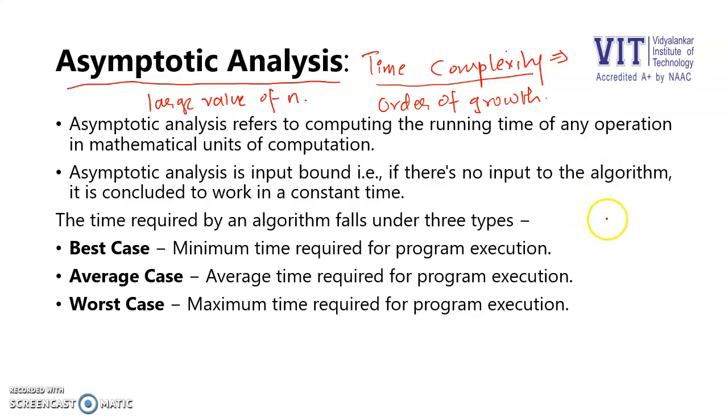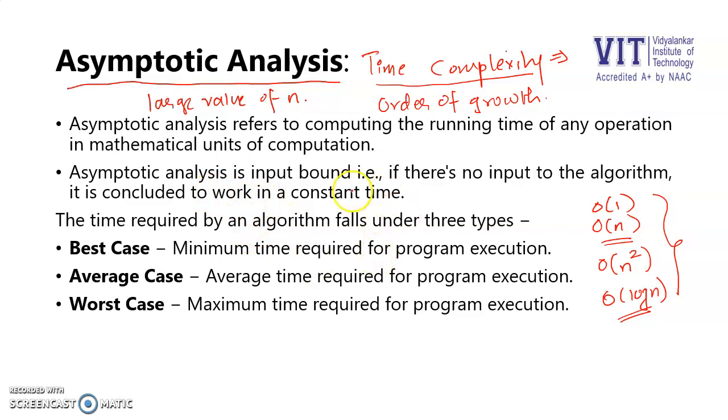So you must have seen something like this, big O of n, we say it is linear order of growth. Big O of 1, we say constant order of growth. n square, we say quadratic order of growth. log n, we say logarithmic order of growth. So these are the various orders of growth that we studied, and we are going to revise these concepts because it is expected in the exam.